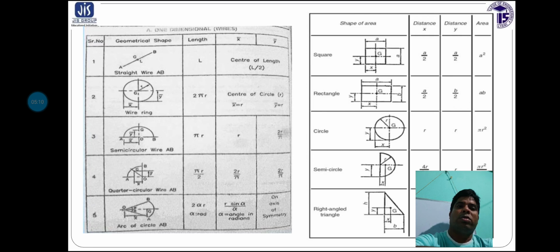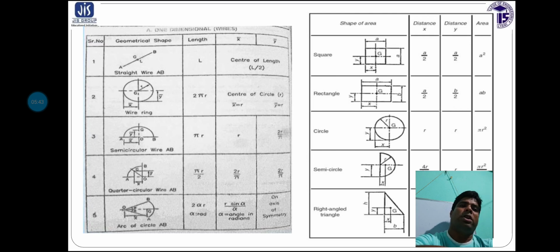Now for a rectangle, if I consider one side is a, another side is b, so the value in x side will be a by 2, and y side will be b by 2, and area will be a into b. And square, if I consider a square, x bar and y bar both values will be the same, a by 2, and area will be a square.